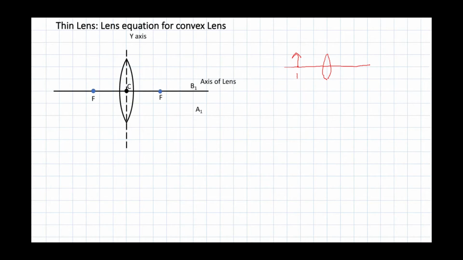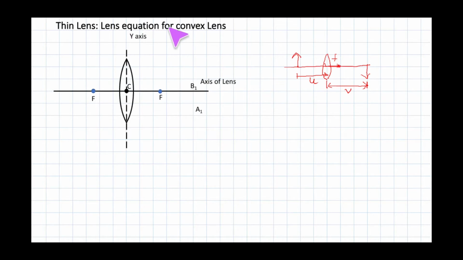Okay, so object distance will be u. Now image will be formed to the right hand side, that distance is v, and how far the image is will be decided by the focal length of the lens. So this distance is focal length.